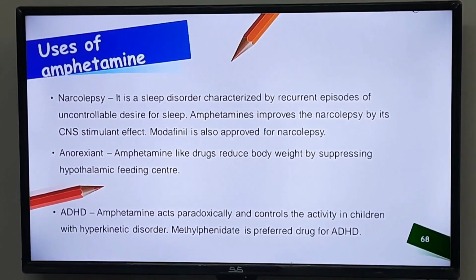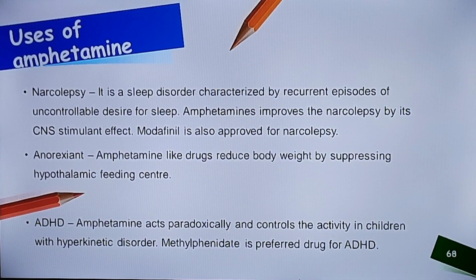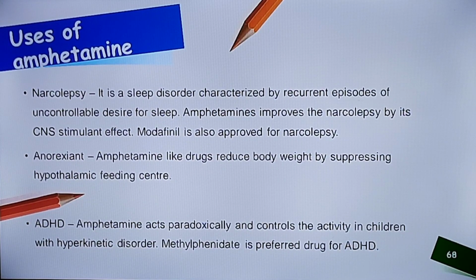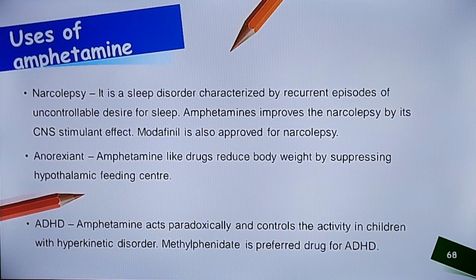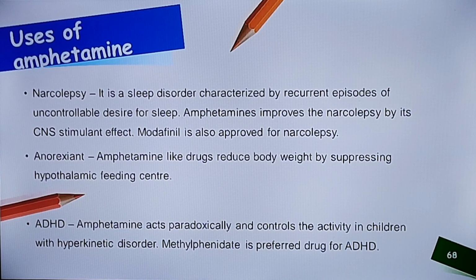Why? Because our amphetamine can increase the attention span, and इसमें भी एक drug of choice है that is methylphenidate. So methylphenidate is a preferred drug for the condition of ADHD.